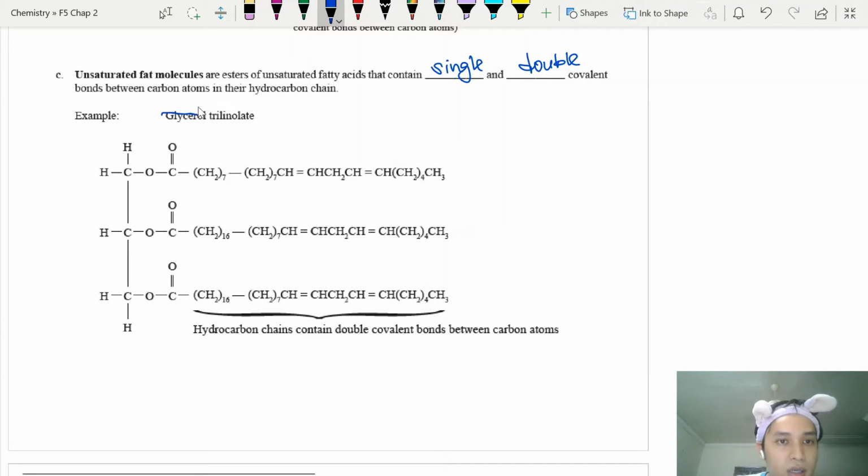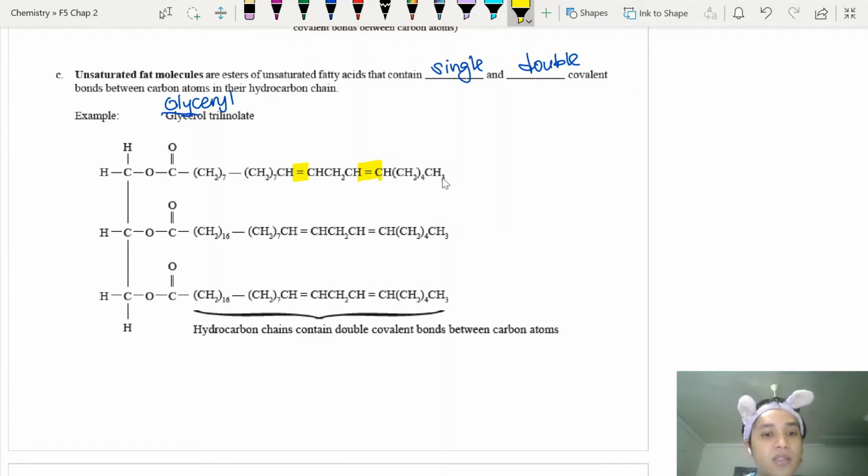This one should be glycerol trilinoleate. Linoleate means this is linoleic acid, so it's C18 if I'm not mistaken, 18 carbons. If you look at the structure here, you'll be able to see double bonds in the carbon chain. So this is what we call an unsaturated fat, meaning you have double bonds in the fatty acid carbon chain here.